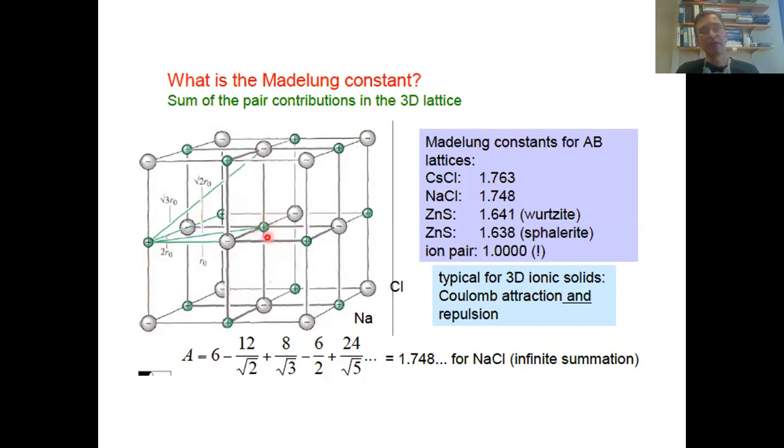So now let's put ourselves on this sodium plus in the center of the unit cell and consider what the nearest neighbors are. The nearest neighbors are these 6 chloride ions. So a factor of 6 is contributed to the Madelung constant for these interactions.